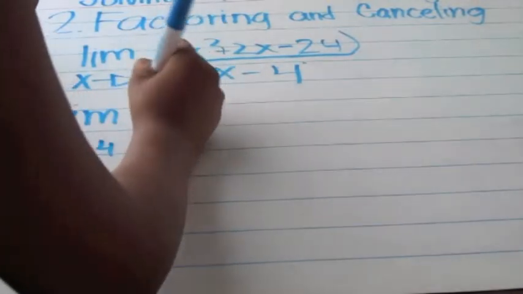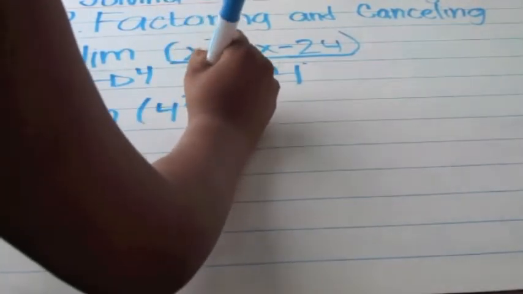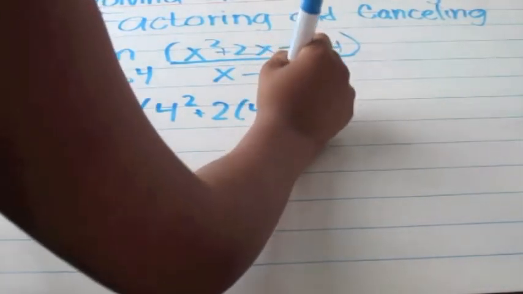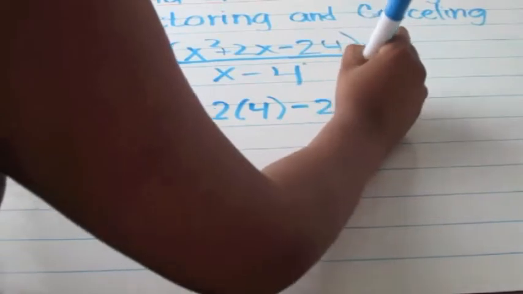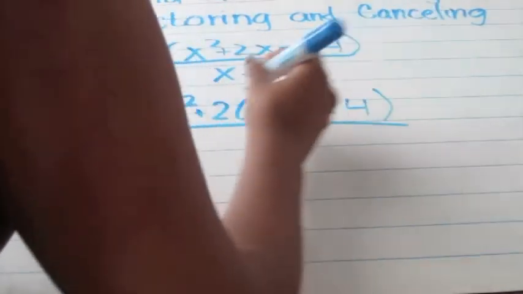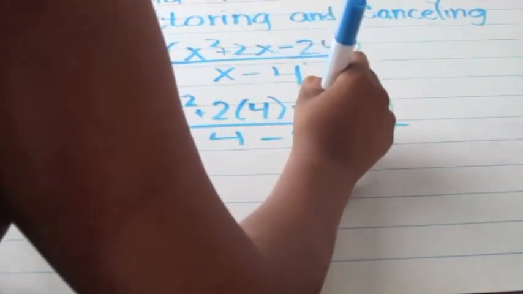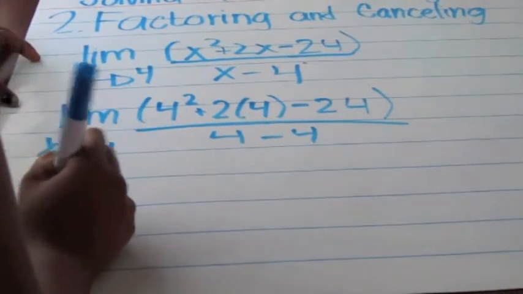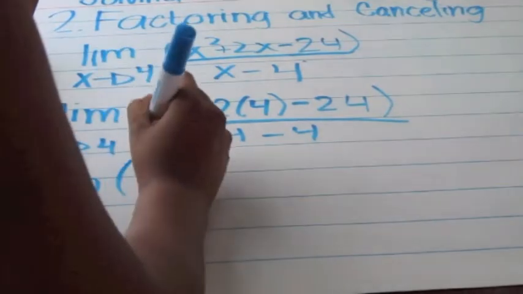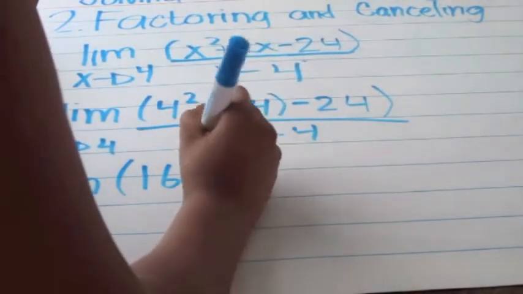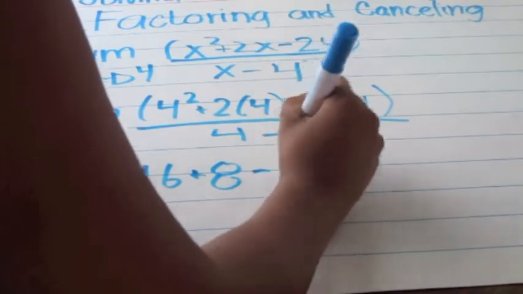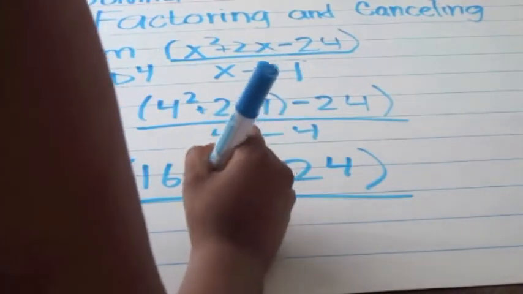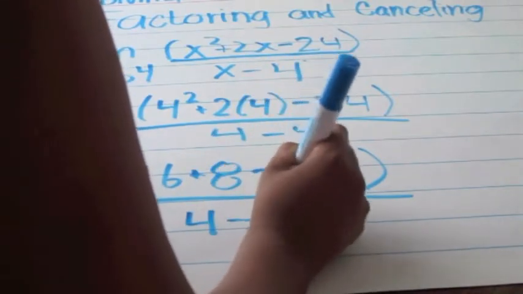Right now I'm going to show you that simply substituting, which was the first method, gives us 0 over 0, which is indeterminate, and why it doesn't work. We plug in all our 4's for the x's and solve. 4 squared gives us 16 plus 8 minus 24, all over 4 minus 4.